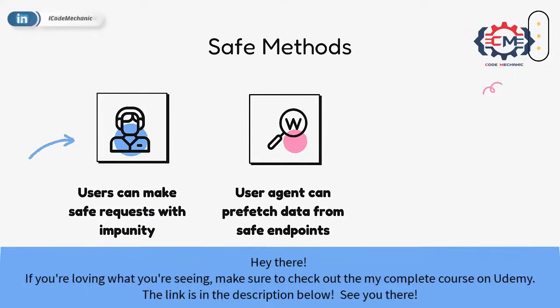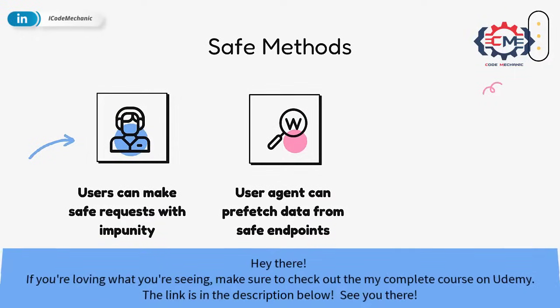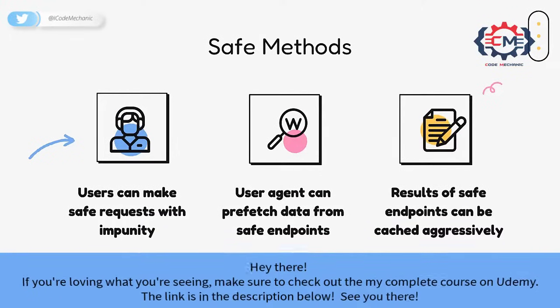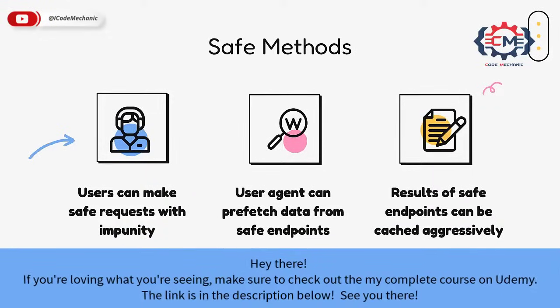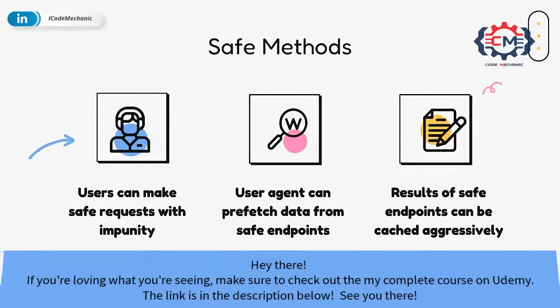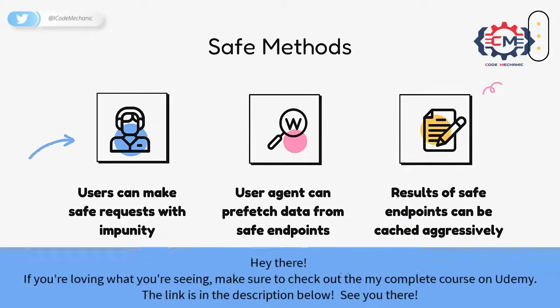They can also be prefetched by user agents to improve user experience and web application performance. Safe endpoints can be cached aggressively, since safe methods have the same effect on the system whether they hit the server or not. Think about which links on a website would be safe for the browser to prefetch or a web spider to follow.